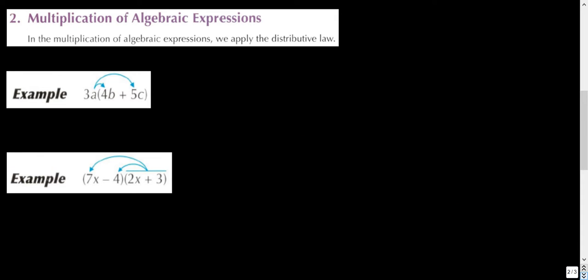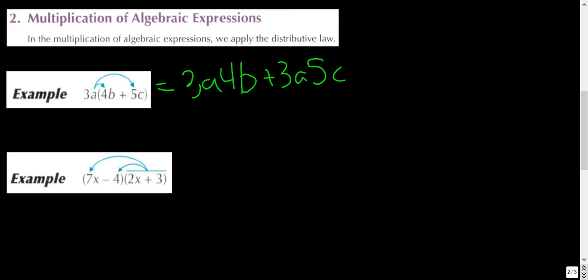For multiplication, the one thing that you need to make sure that you're doing is the distributive property. With our first example, we have 3a times the quantity 4b plus 5c. So the 3a must multiply by the 4b, and the 3a must multiply also by the 5c.